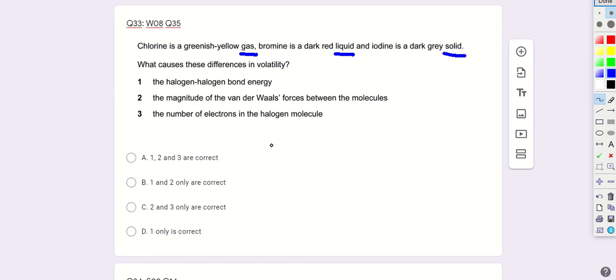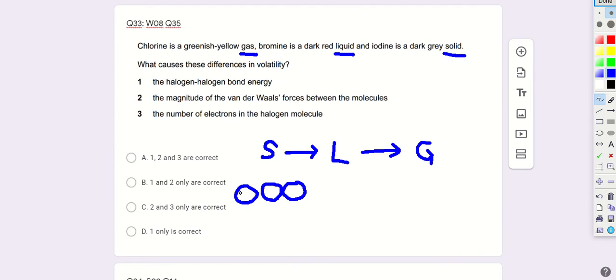Now, for a solid to turn into a liquid, then turn into a gas, that means from this solid, the molecules. Let's say we are talking about iodine here. So you have I2 molecules.